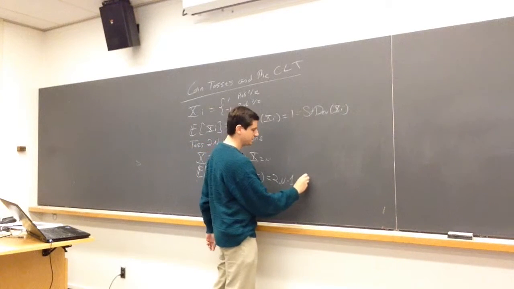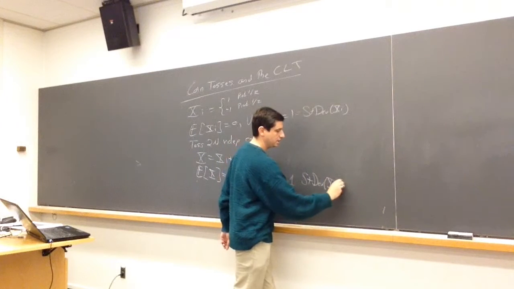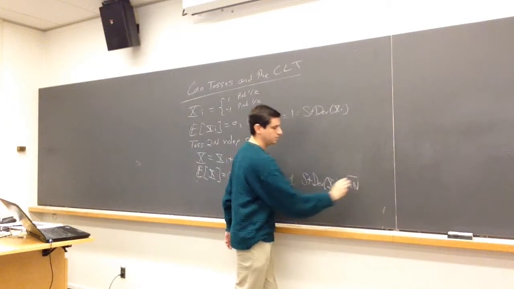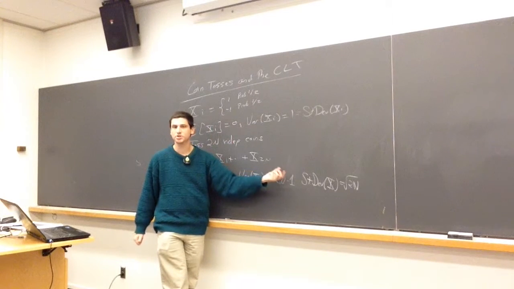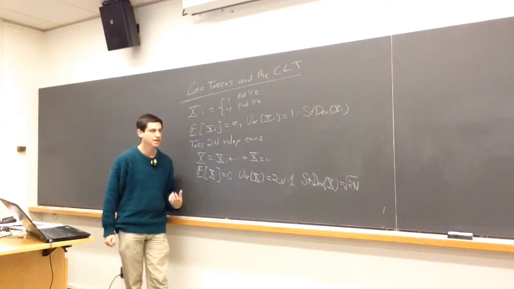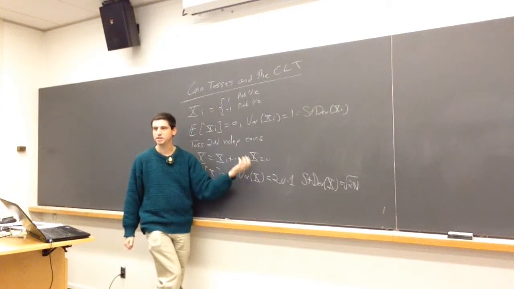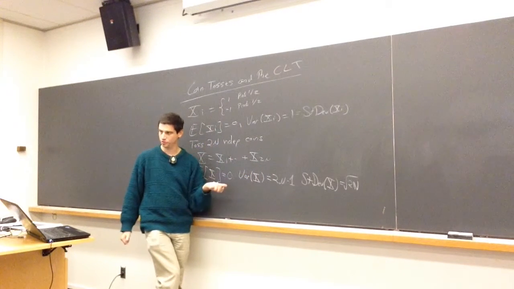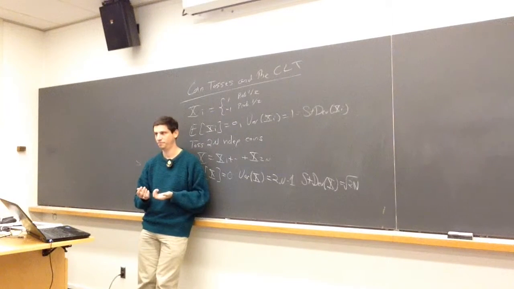And so what that means is the standard deviation of x is square root of 2n. What matters here is not so much the square root of 2, but the square root of n. It's telling us that if we were to toss these coins this many times, we expect to be at the origin, and our fluctuations we expect to be on the scale of square root of n.